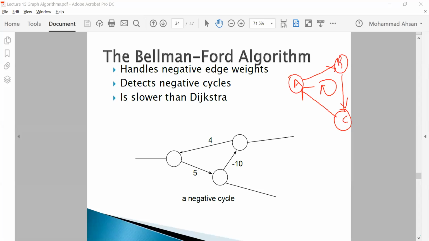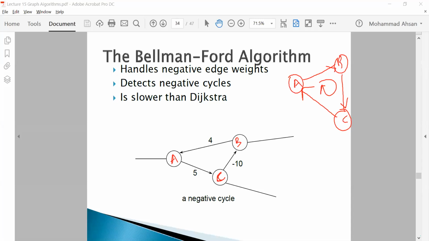Now, since the Bellman-Ford algo allows negative weights, there is a possibility of having a negative cycle. What do we mean by a negative cycle? For example, let me name these vertices A, B, and C. So I might ask you, what is the shortest distance from A to B?